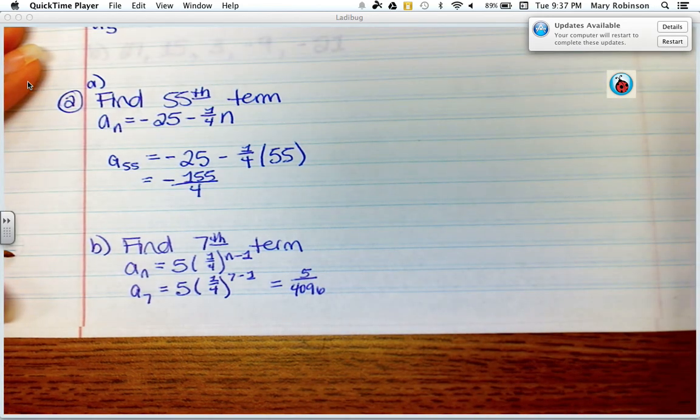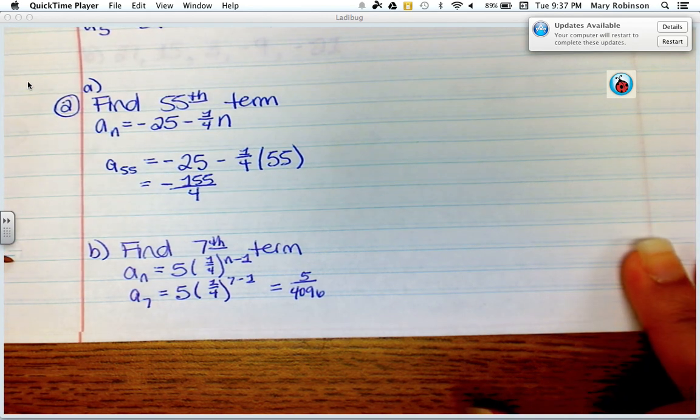So the 7th term of the geometric sequence would be 5 over 4096. Alrighty, so let's take a look at number 3.